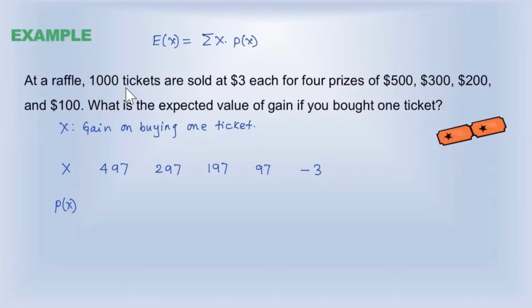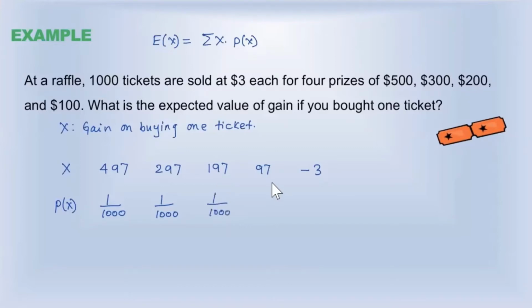So the probability of gaining $497 is 1 out of 1,000. Similarly, the probability of gaining 300 is also 1 out of 1,000. The probability of gaining 197 is also 1 out of 1,000.